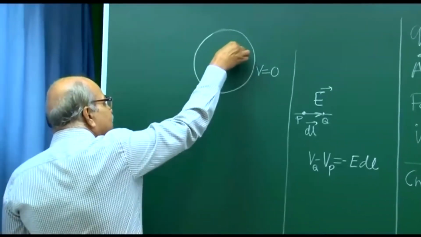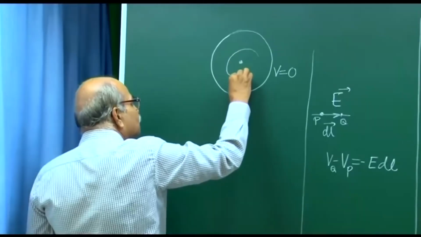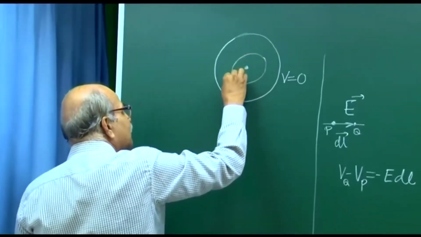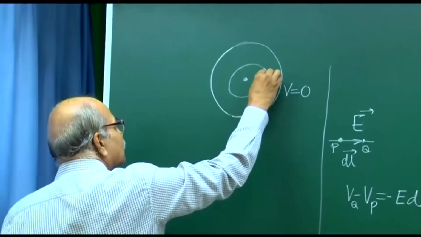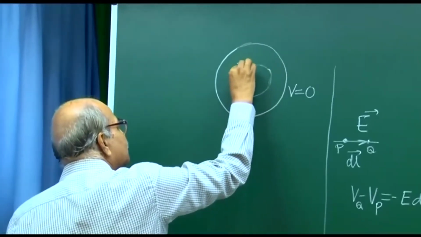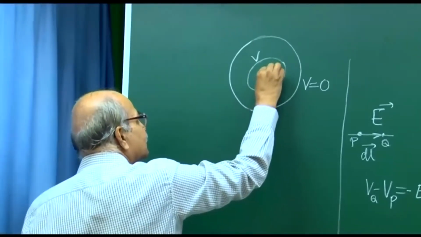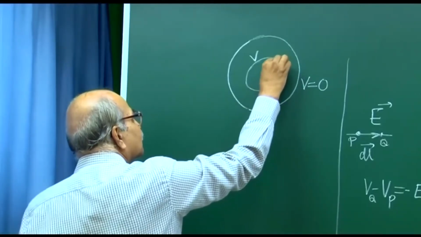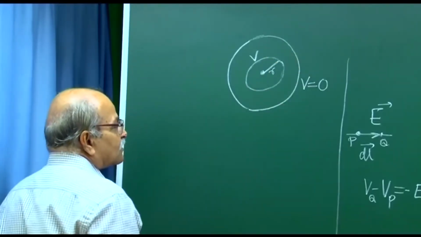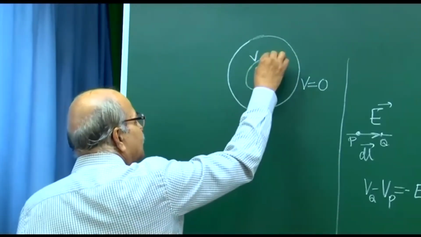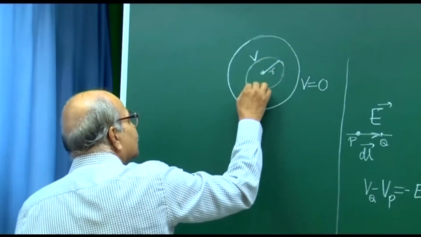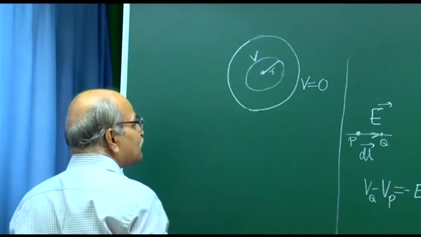And then I have a circle, and what I find is that on every point on this circle, the potential is the same. If this distance is r, you can ask what is the potential V at this distance r, no matter in which direction. These potentials are all the same.